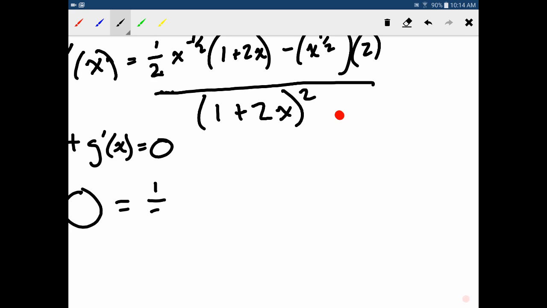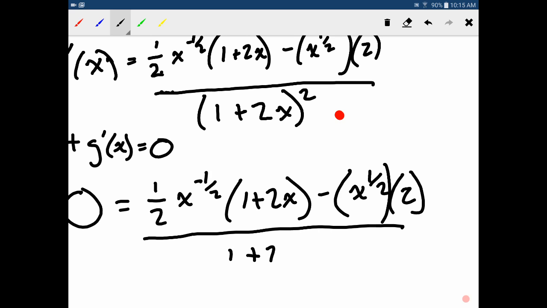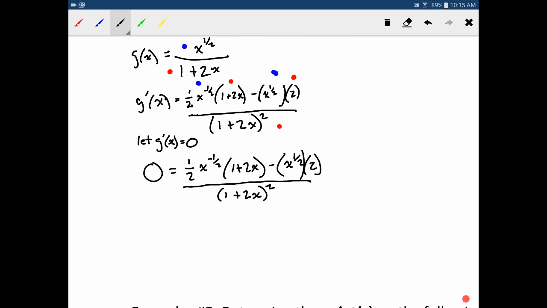So we have 1/2 x to the -1/2 times 1 plus 2x, minus x to the 1/2 times 2, and then I've got to divide by 1 plus 2x squared. So the trick here is that if I know this whole thing equals 0, then what I know is that the top equals 0.